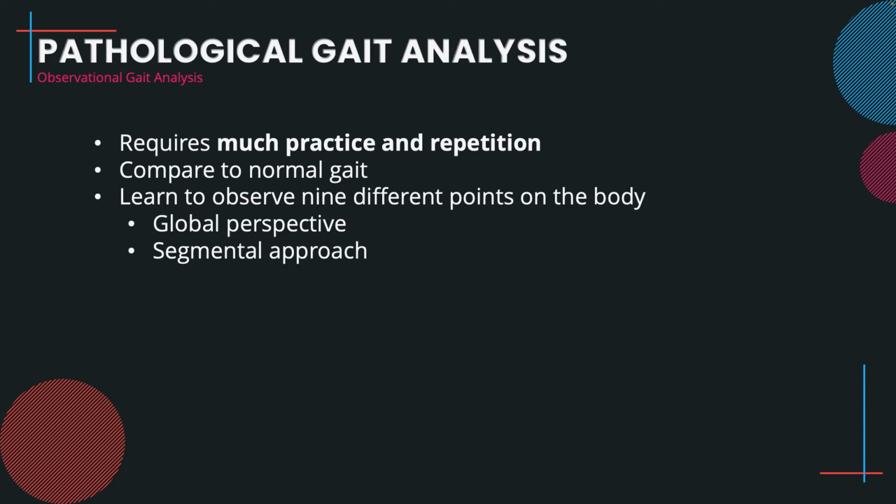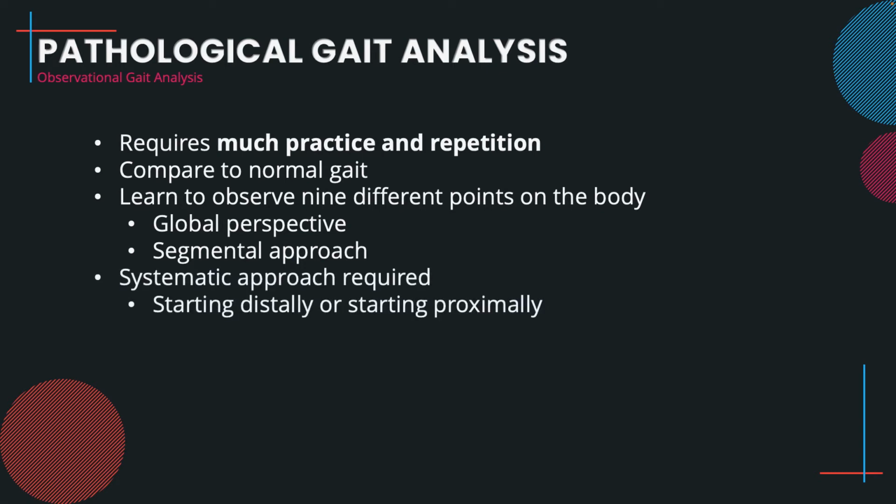transverse plane. And so my own personal approach to gait analysis switches between a global perspective, where I'm just looking at the whole person's body, seeing what sticks out to me, and more of a segmental approach, where I start distally down at the ankle and I work my way up proximally. But your approach to gait analysis might be different, and that's okay.